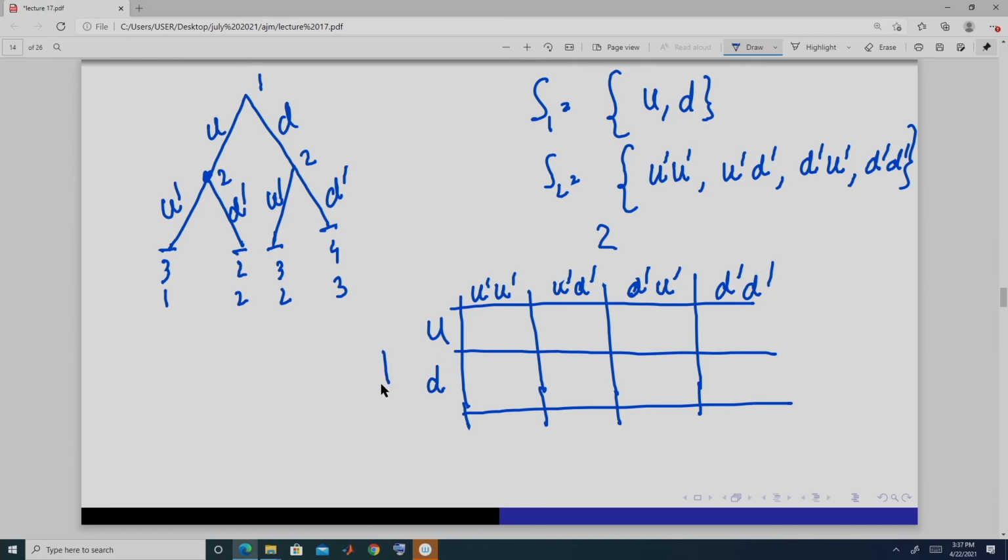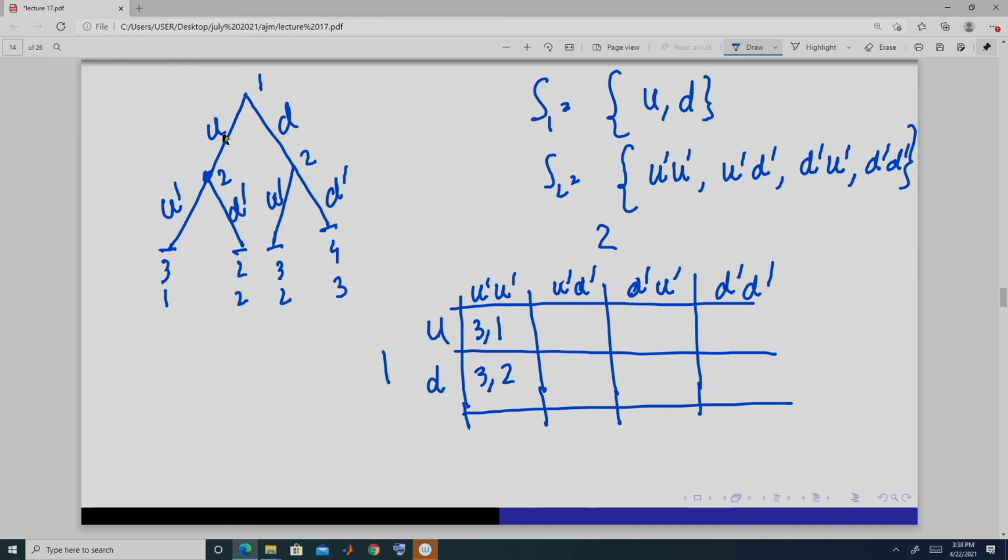If player 1 has played U, then the payoff in this block is going to be 3 1, and here it is going to play this and this, but player 1 has played this, so it is going to be 3 2. Okay.